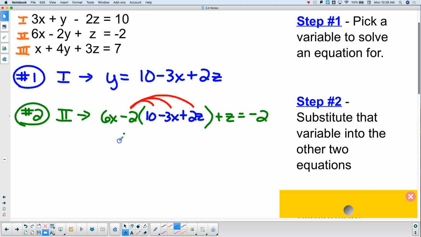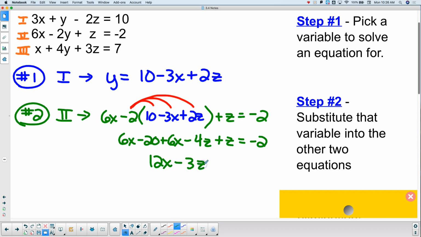And that's going to give us 6x minus 20 plus 6x minus 4z plus z equals negative 2. That's going to simplify down to 12x minus 3z equals 18. Agree with that?